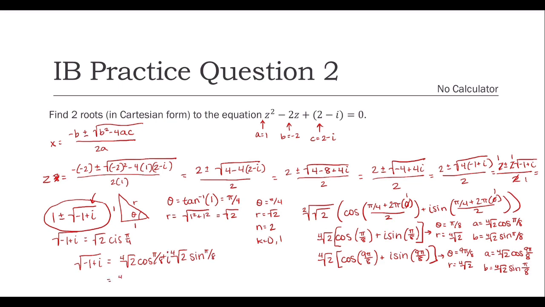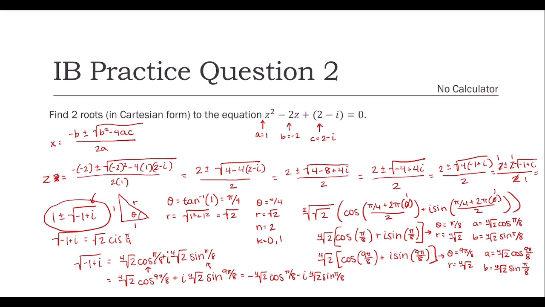And it's also equal to the fourth root of 2 times the cosine of 9 pi over 8 plus i times the fourth root of 2 times the sine of 9 pi over 8. The cosine of 9 pi over 8 is just the negative cosine of pi over 8, and the sine of 9 pi over 8 is just the negative sine of pi over 8. So this is also equal to negative fourth root of 2 cosine pi over 8 minus i times the fourth root of 2 sine of pi over 8.